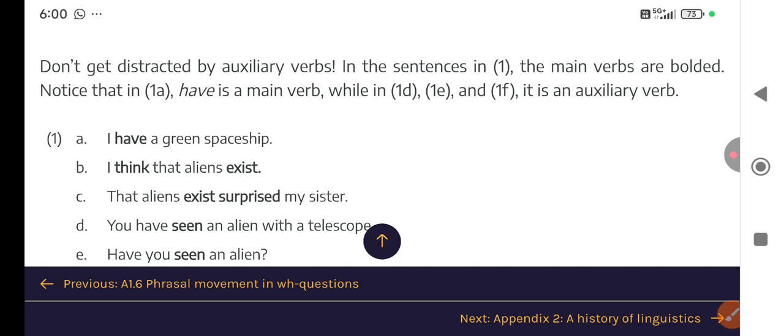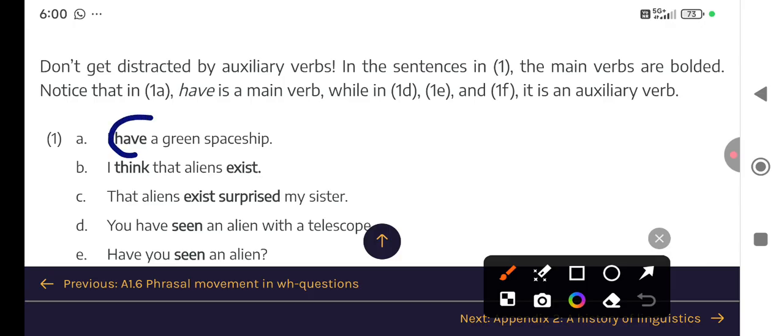Notice that in 1a, have is a main verb. Yes, that's very important. Have is the main verb, not auxiliary here. So we have to acknowledge the main verb. Here, have is actually a main verb, and have is an auxiliary also. How? I give you another example.